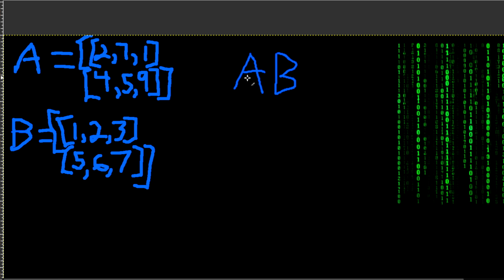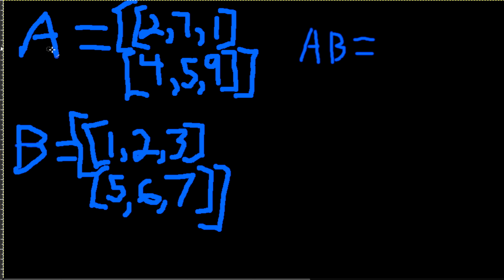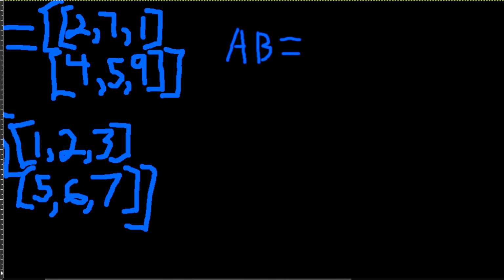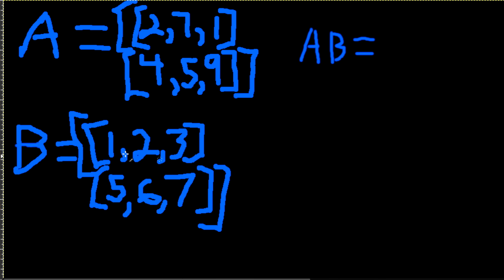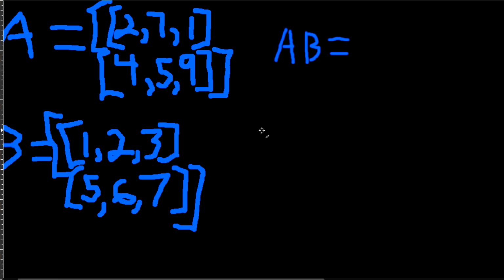So if you have AB, that means matrix multiply A with B. If I matrix multiply A and B, then I would transpose B. The symbol for that is the capital T in Python, or in PyTorch at least. So B dot capital T.